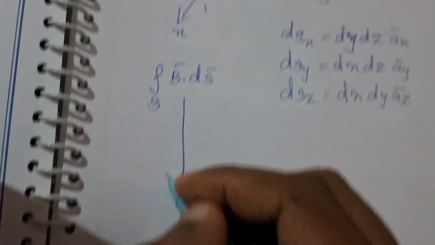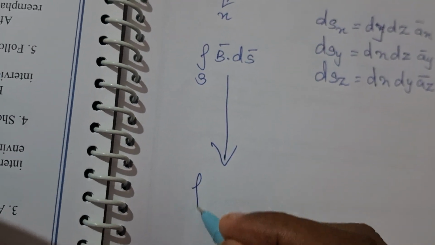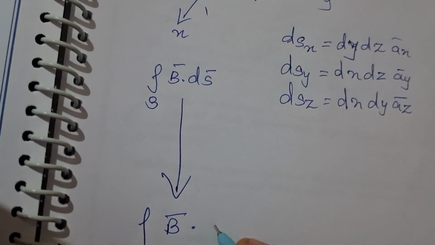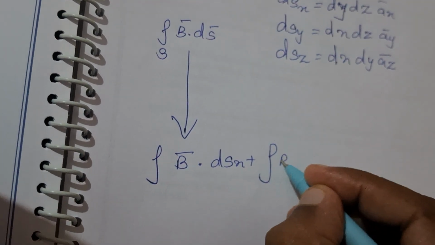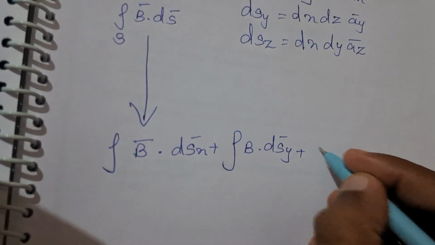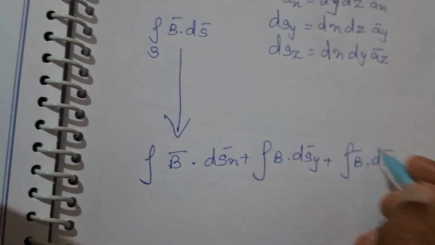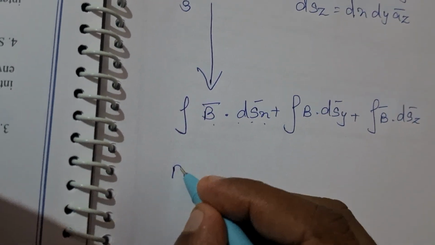So we can write it first as B dot dSx plus B dot dSy plus B dot dSz. Okay, first we find the B dot dSx.